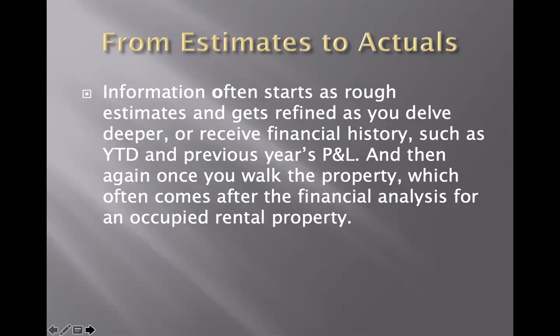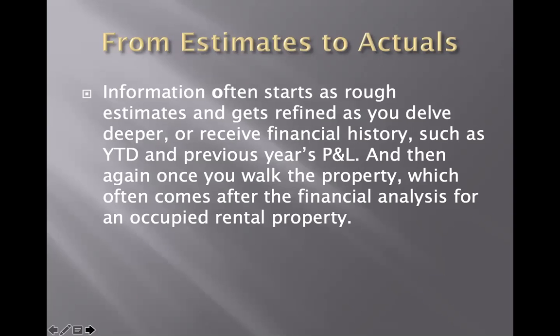Information that we get our hands on often starts in the form of an MLS listing or a real rough sketch of what a deal is going to look like. And therefore, that's how our pro forma starts as well. It starts as a rough estimate, and it gets more and more refined as you delve in deeper, or as you start to receive the financial history, such as an operating statement, a P&L, and you want a year-to-date and a previous year's P&L.